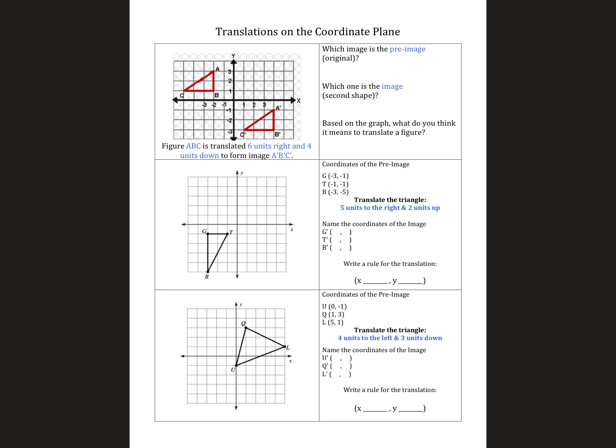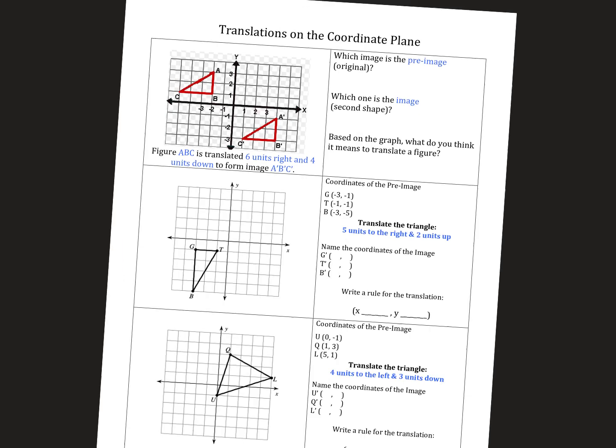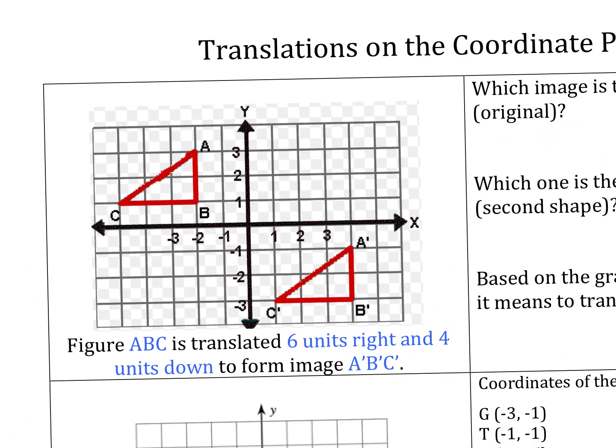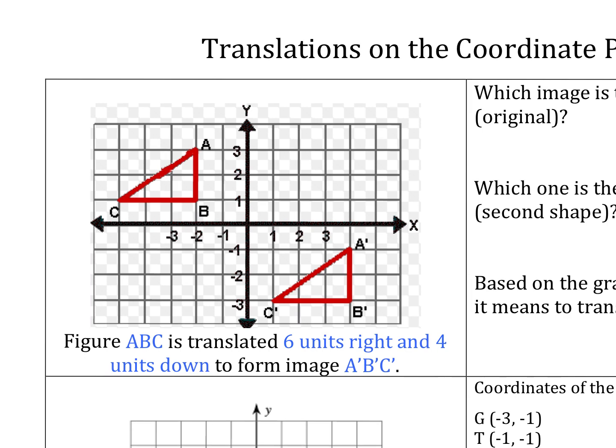I just wanted to go through some of the translation notes with you so that it would be a little more clear to understand. So we're going to start at the very top with this picture. If you notice, the only difference between the triangles is that the second triangle has A prime, B prime, C prime.